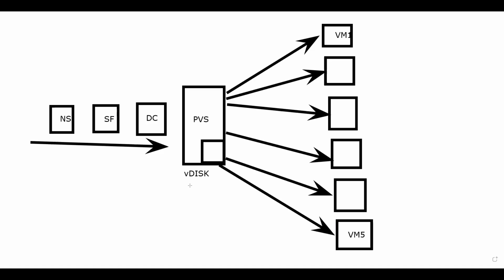Like if you have ever heard about folder redirection. For example, you are working in the IT industry. In your company, your data is kept on some shared drive, some shared location.